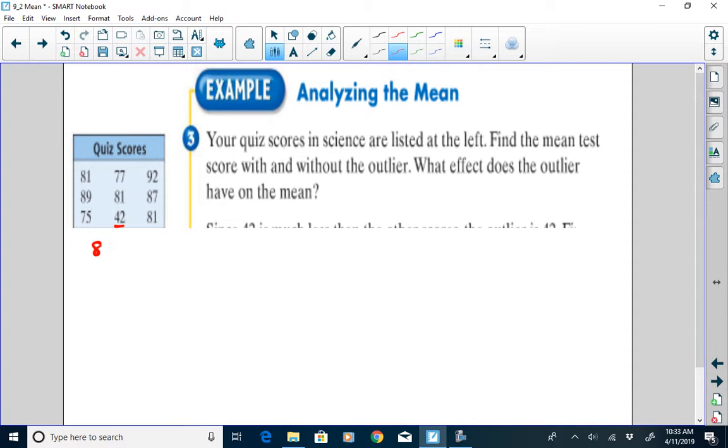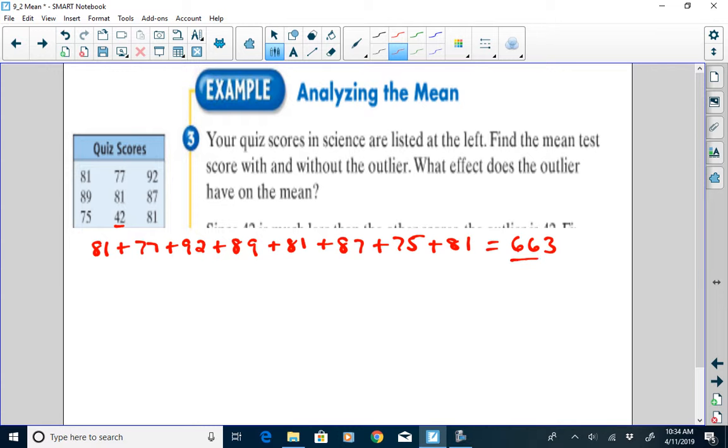So we want to take 81 and add 77 and 92 and 89 and 81 and 87 and 75 and 81. We get a sum of 663.